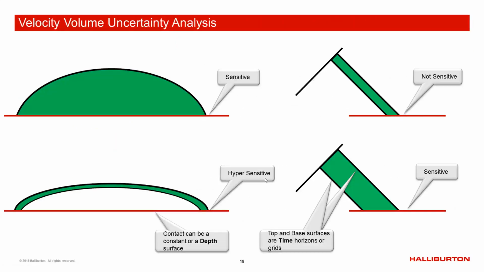This is very similar to the 2D mapping volumetrics workflow, where you give it a top surface and a base surface, and then a contact surface, and the contact can be either a constant or an actual surface. The difference between this and the 2D mapping volumetrics is that we change these time surfaces.